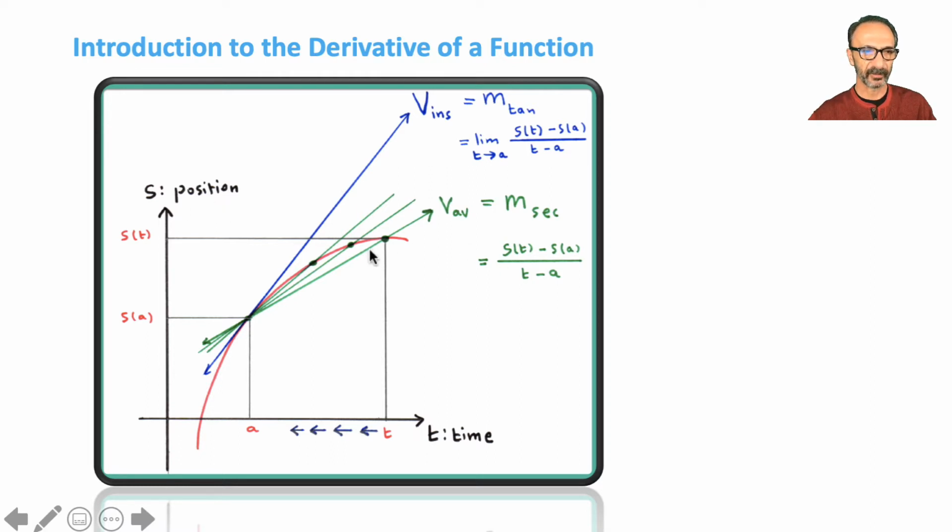So the slope for this secant line in green with the arrow on it is m for the slope of the secant line, which is y2 minus y1. y2 is s of t, that's right here. y1 is s of a, that's right here, over x2 minus x1, that's x2, that's x1.